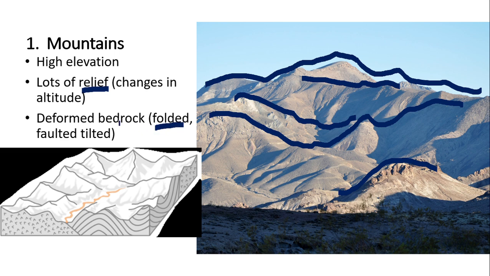We've all folded paper before. This is a typical block diagram, meaning a side view where we could see the mountain bumps all in here, but you can also see right here, this area looks like it's folded. It's been pushed in on this side and on this side, causing the paper to bump up. And what you usually get is the bumps, and then in between, you're going to have a valley, and see this kind of yellowish line running down here that indicates a river.